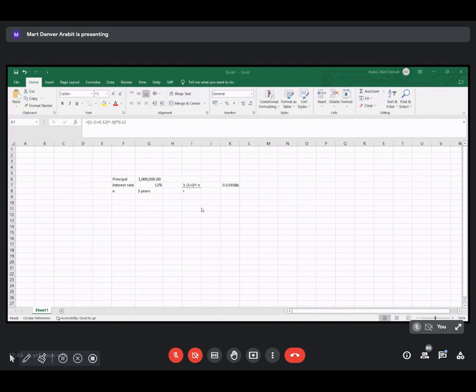Hindi ito yung dapat natin ilagay dito. Dito yun.